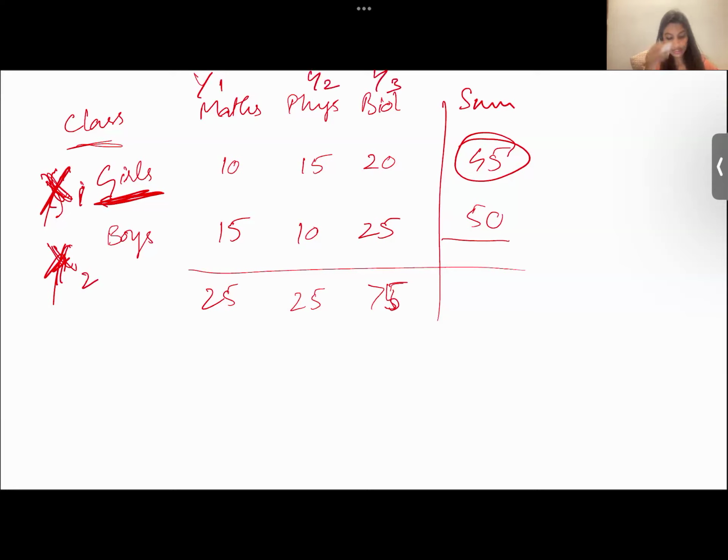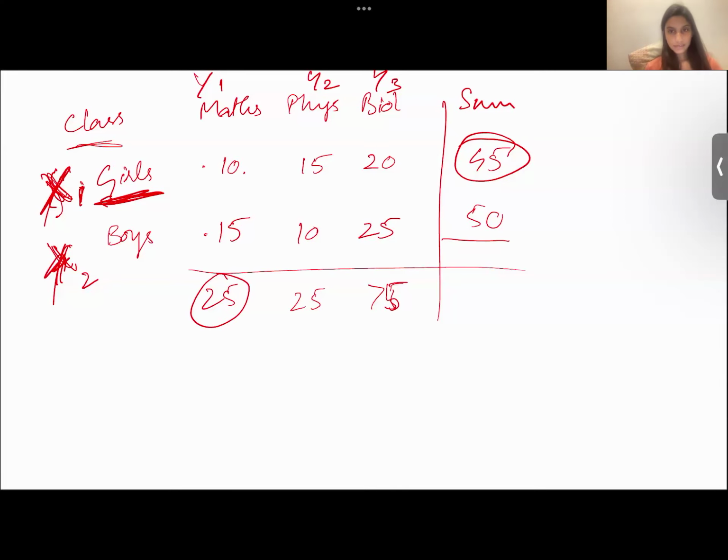So all these are Y, all these are X. When you want to find the probability of girls, you sum up all the girls who have taken maths, all the girls who have taken physics, all the girls who have taken biology. And when you want to see all the students who have taken maths, you sum up both girls and boys. So this is the marginal probability for this particular value.